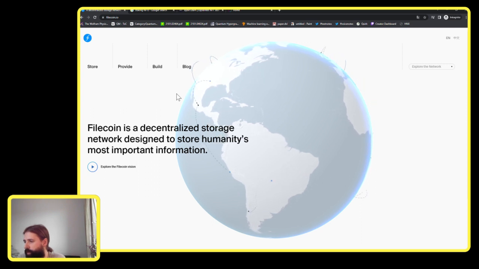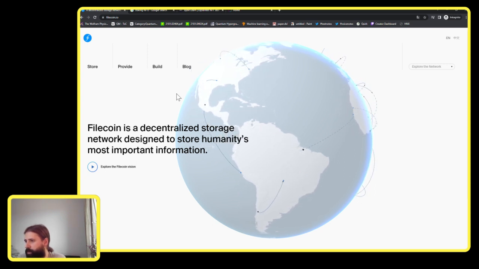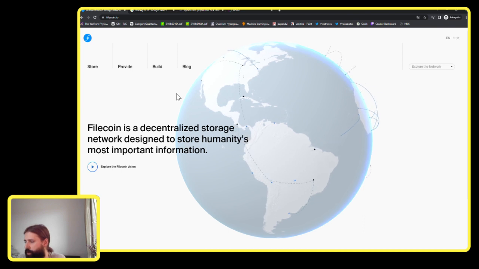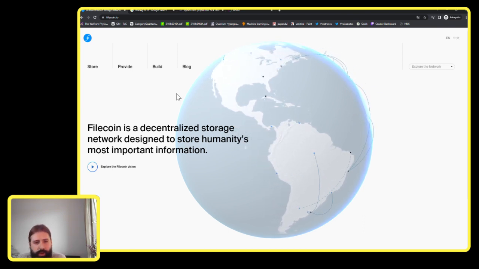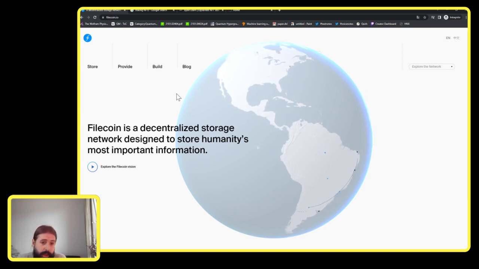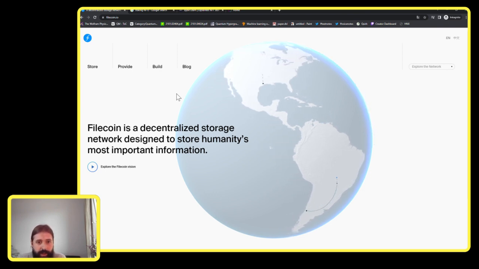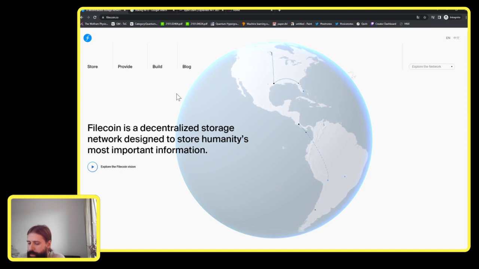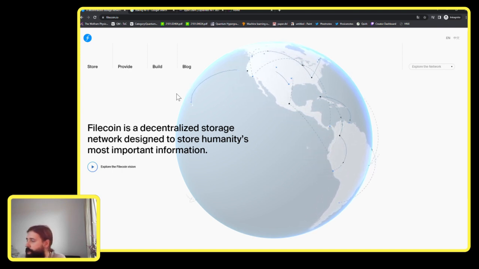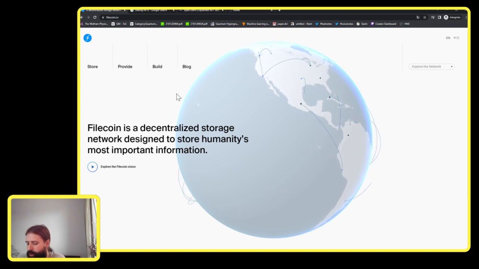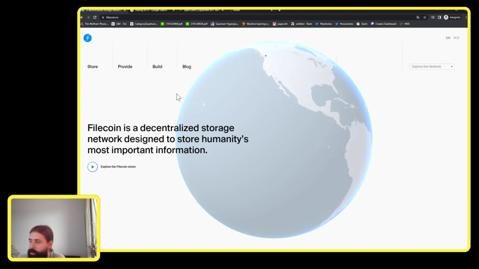I don't know if there's a more advanced way of doing that where maybe things are stored encrypted in the Filecoin network, and then the contract gives you basically a way to decrypt these things. Maybe that's the idea, and then you can use the contract to actually pull in these.